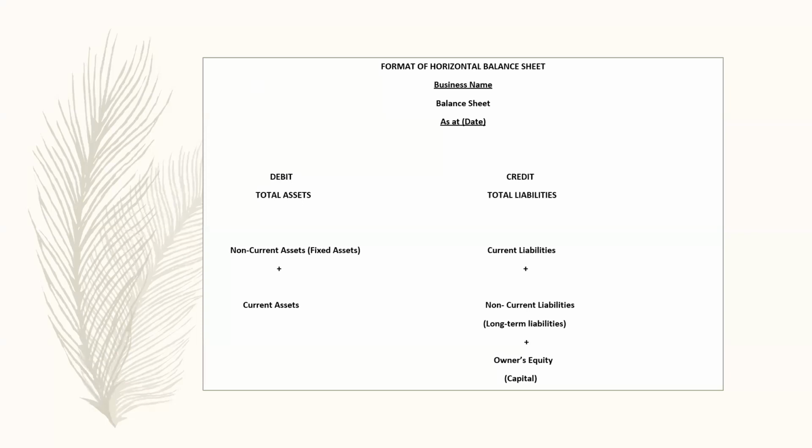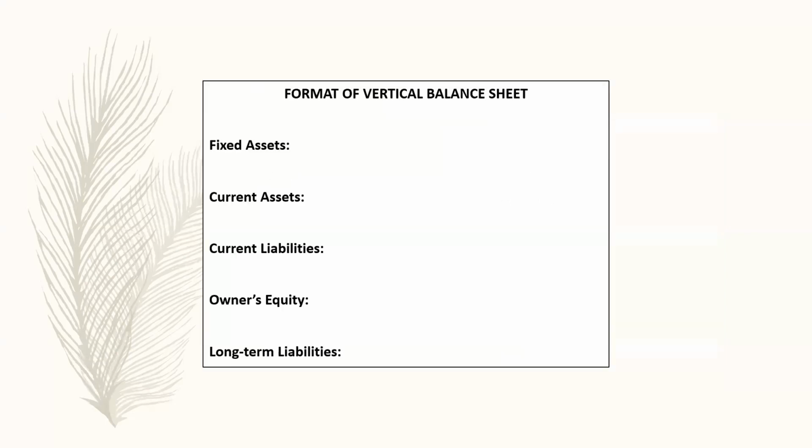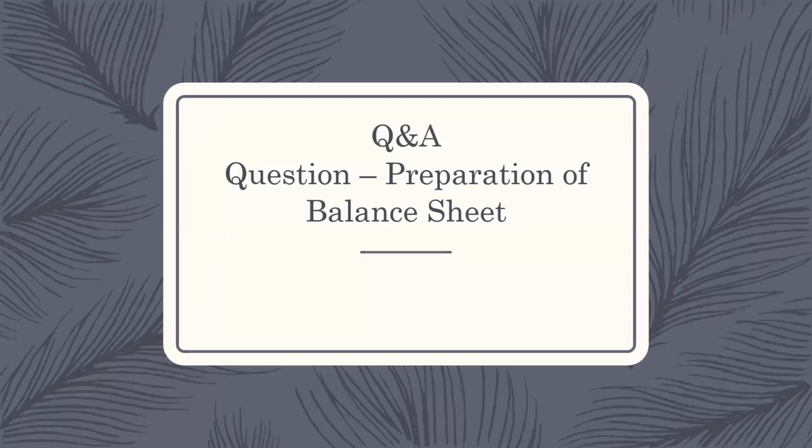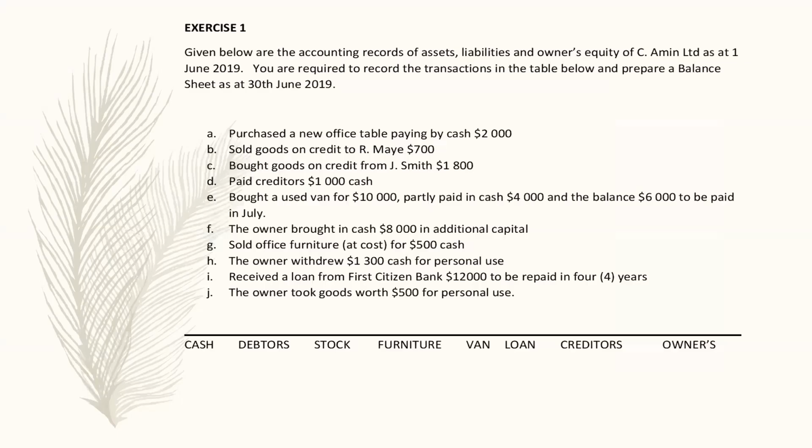So let's go straight into the question. I have given you some information, a note at the bottom there as well. But before we go into the balance sheet equation, we are going to look at the accounting equation first.